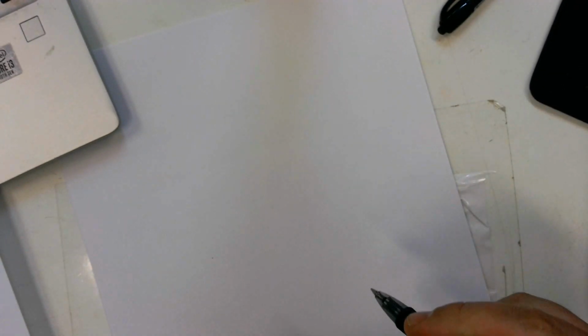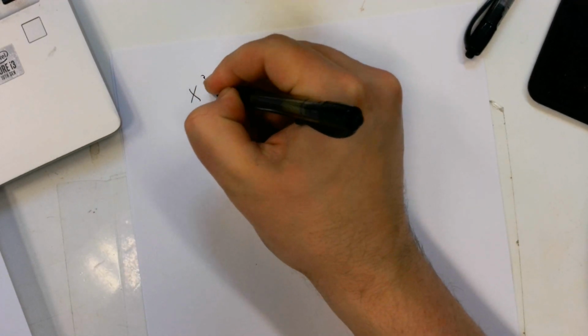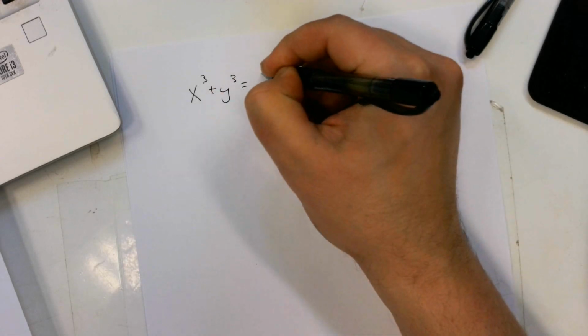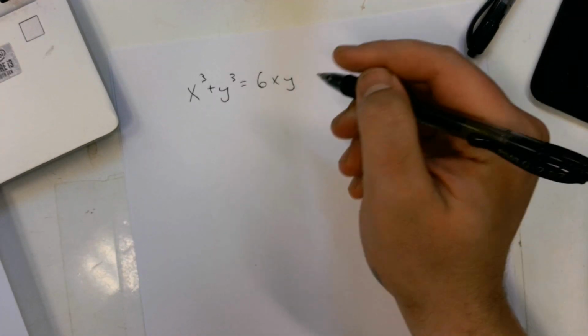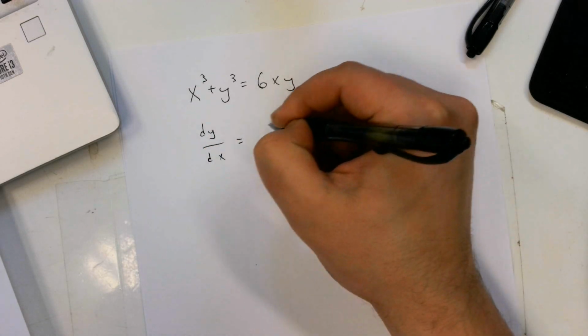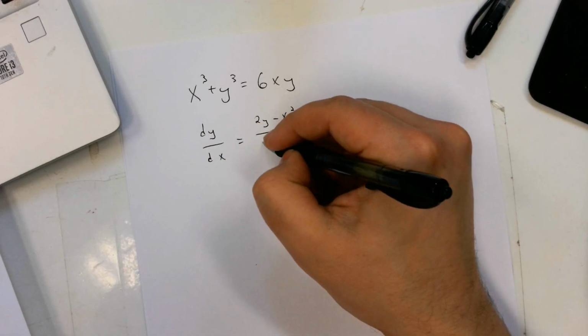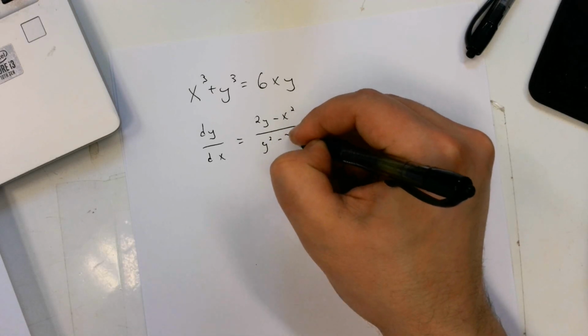Ooh, we're looking at a harder one now. Let's consider this problem that we all saw for homework. X cubed plus y cubed equals 6xy. And not to get bogged down in the details, the derivative is 2y minus x squared over y squared minus 2x.